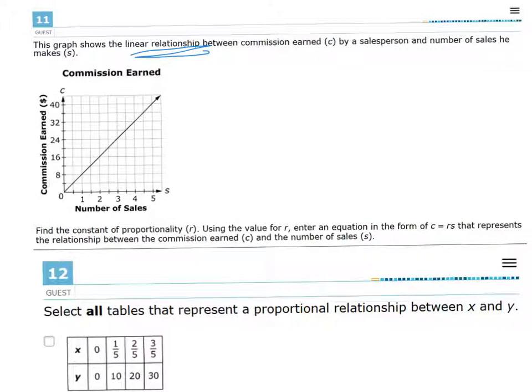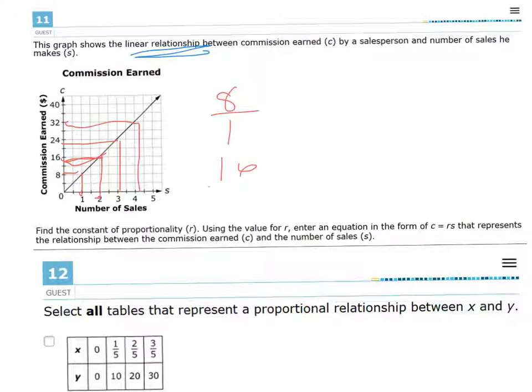So what we would do first is take a look at the values they provide for us. We can start with the number of sales. For every 1 sale, there's $8 earned in commission. For every 2 sales, there's $16 earned. For 3 sales, there's 24. For 4, there's 32. So at this point, we can see that there is that consistency. It starts as 8 to 1.